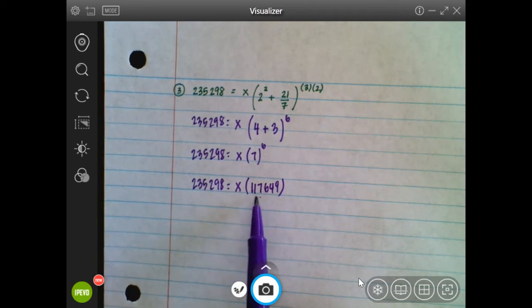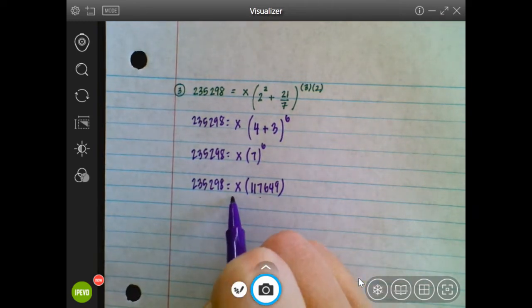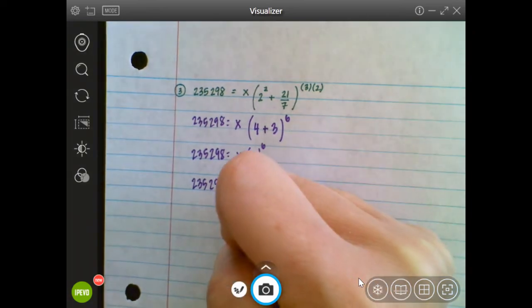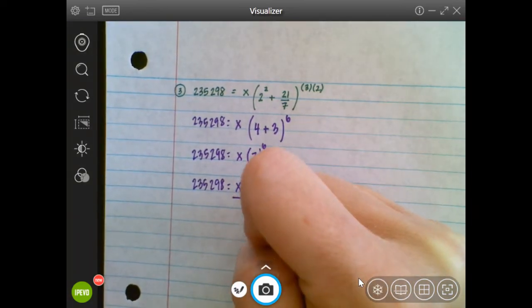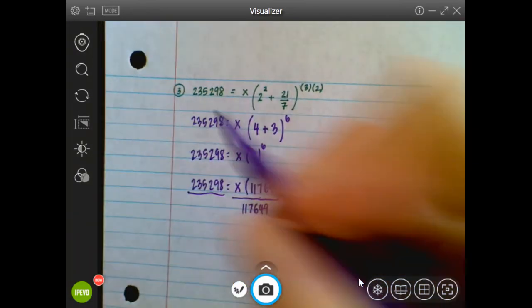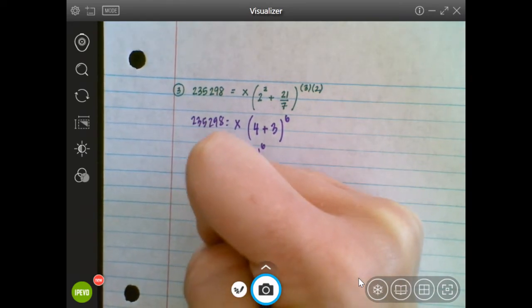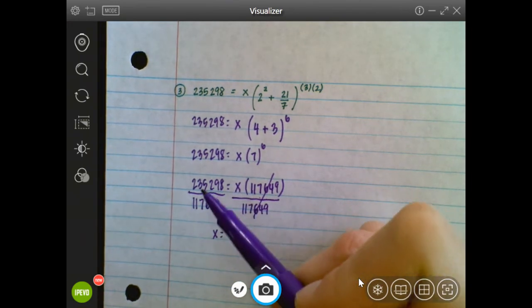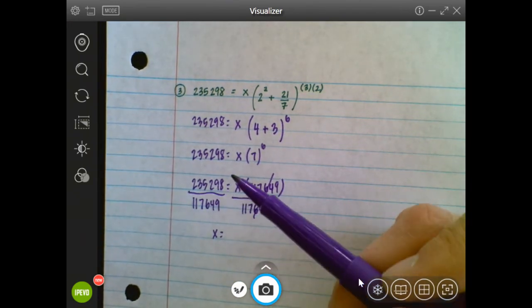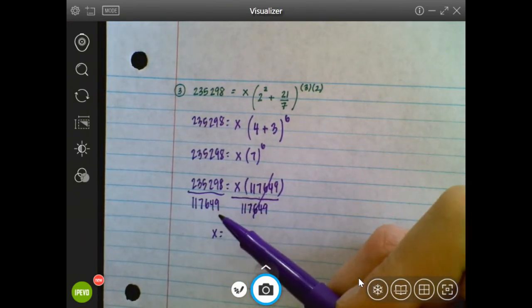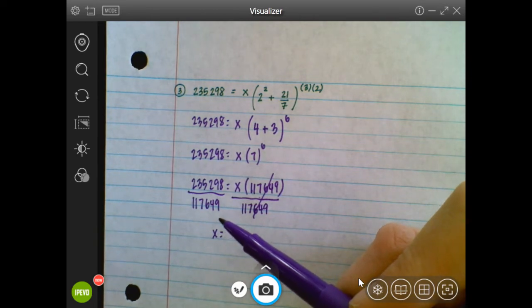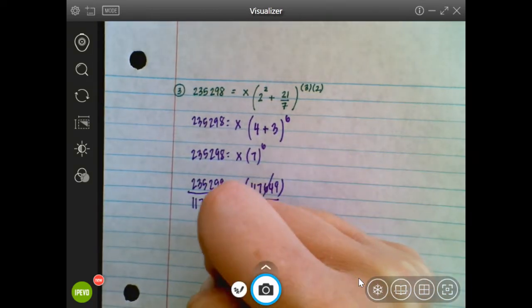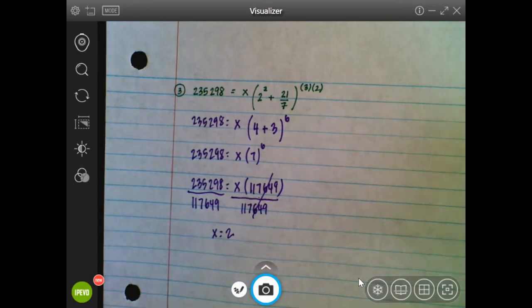So since this is being multiplied, to undo that, I'm going to go ahead and divide each side by this 117,649. I'll do that over here too. So over here, these terms cancel out, and then what I end up doing is dividing this 235,298 by the 117,649, and that tells me that my x value is 2.